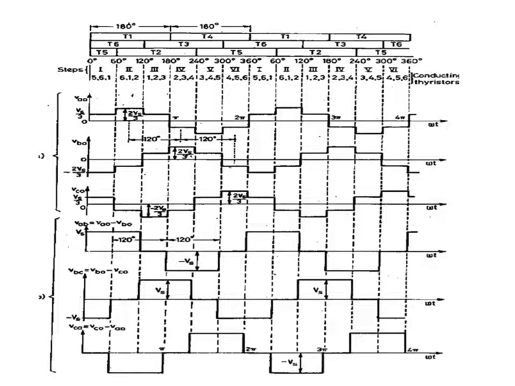Whereas thyristor T3 from upper group starts conducting for 180-degree after T1 starts conducting. After T3 conducts for 180-degree, thyristor T6 conducts for next 180-degree and again thyristor T3 for next 180-degree and so on.